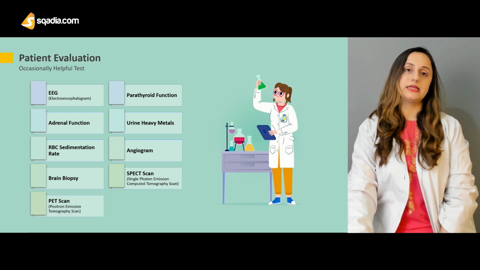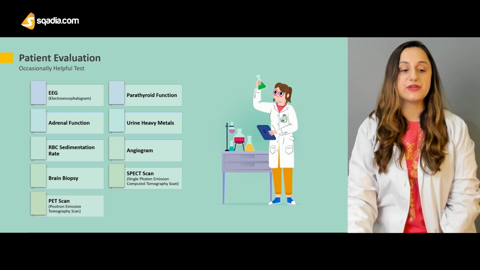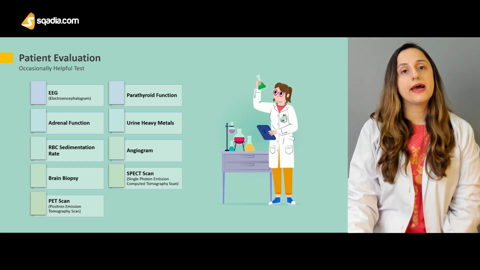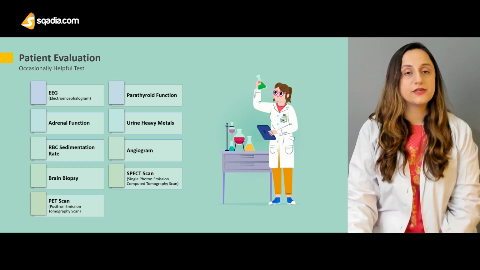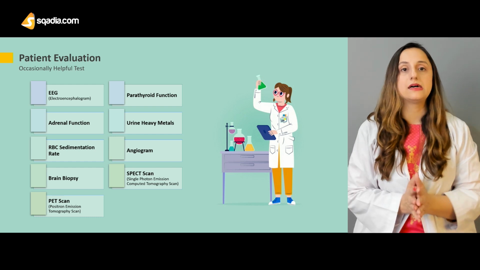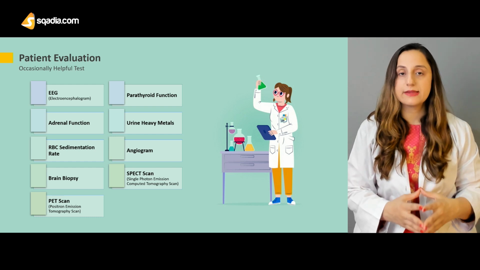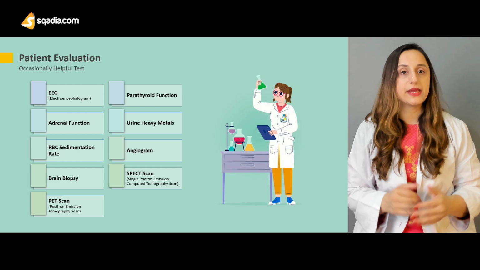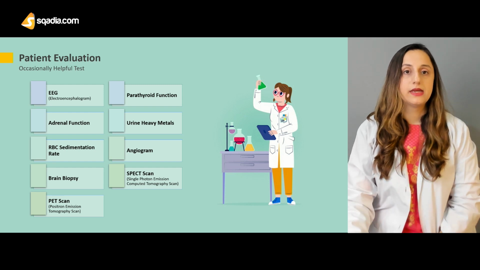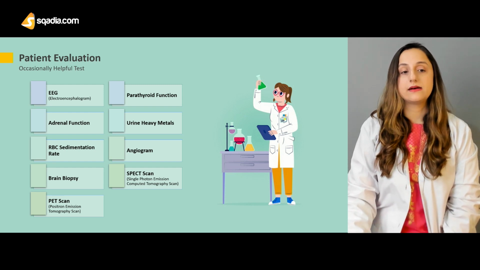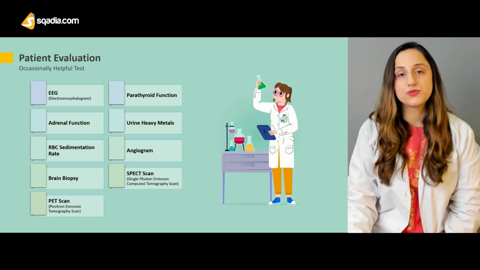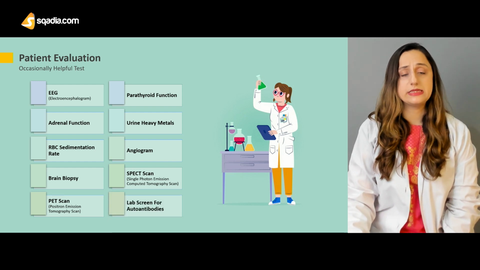PET scanning, the positron emission tomography scanning, is also done, and it is going to further give you the exact idea of which lobe is involved and what particular areas are involved, and this makes the overall management much easier.